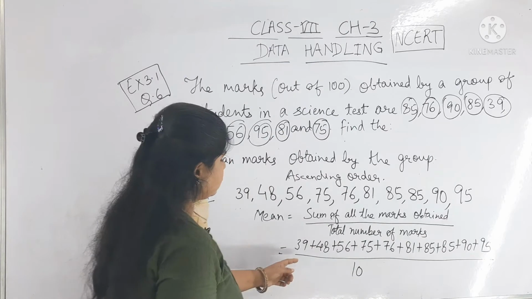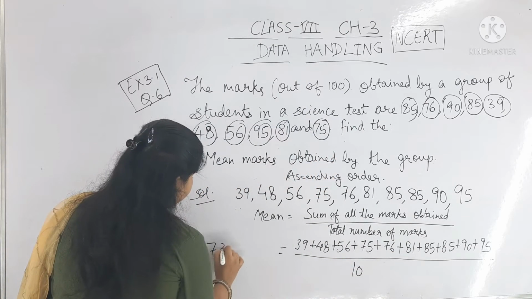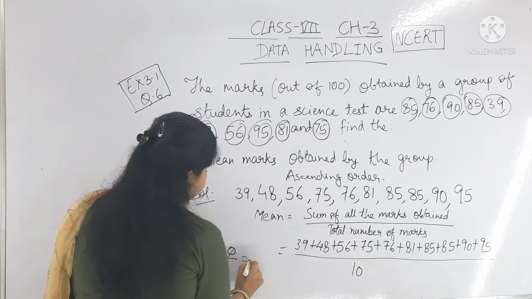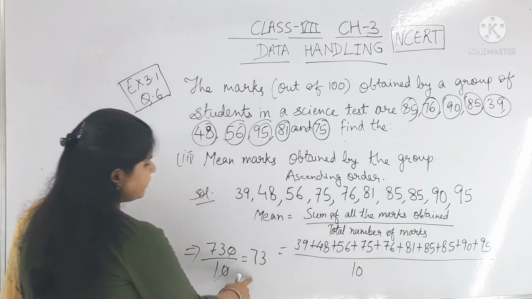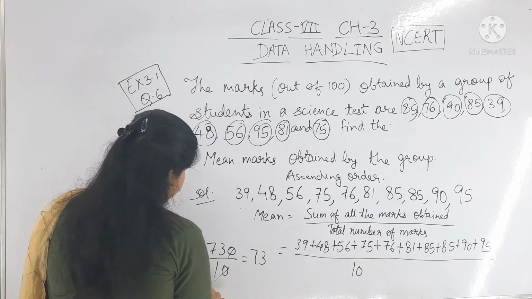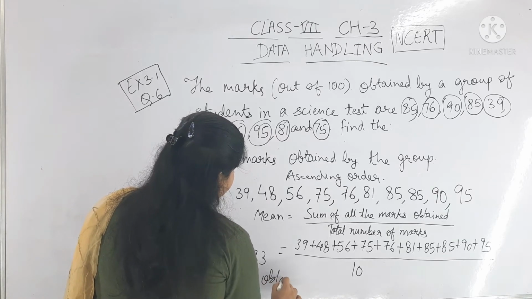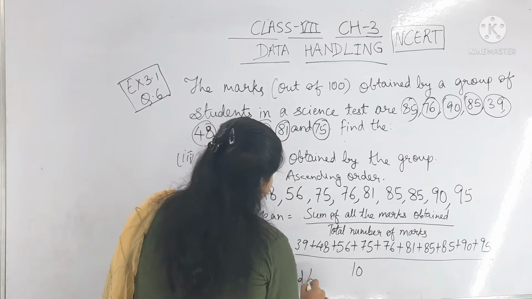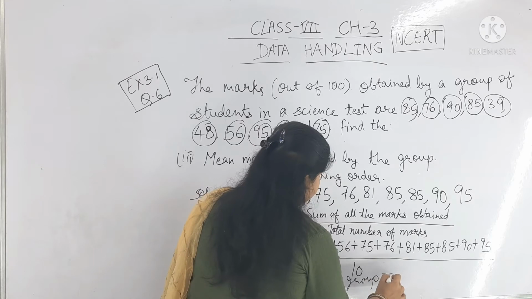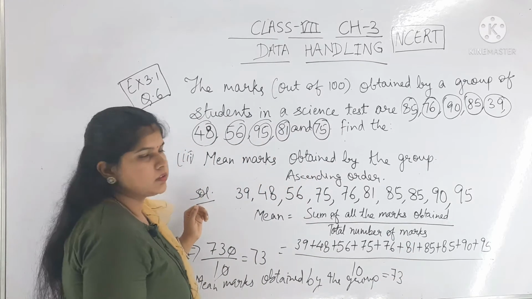If you sum all this, you will get 730 divided by 10. So the zeros cancel and I am getting 73 as the answer. You have to write the answer like this: mean marks obtained by the group is equal to 73. This is the third part of question number 6.